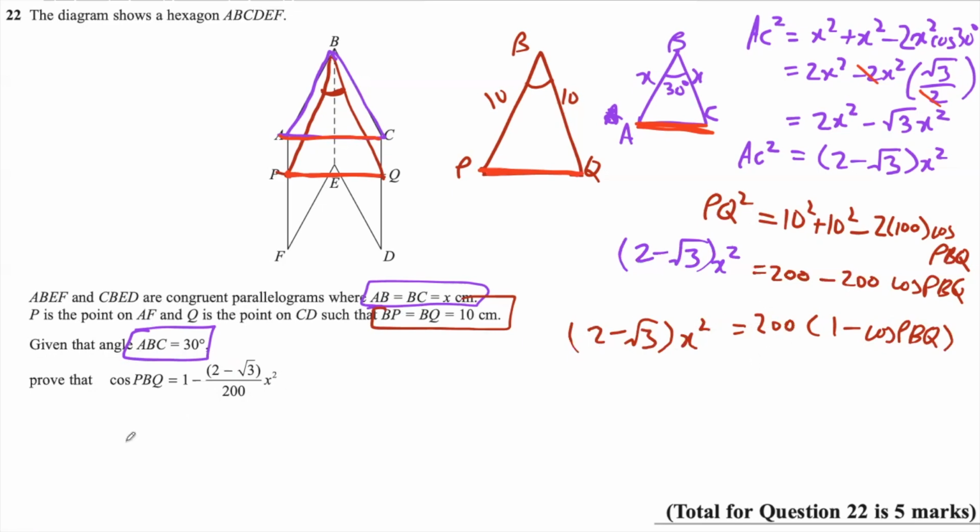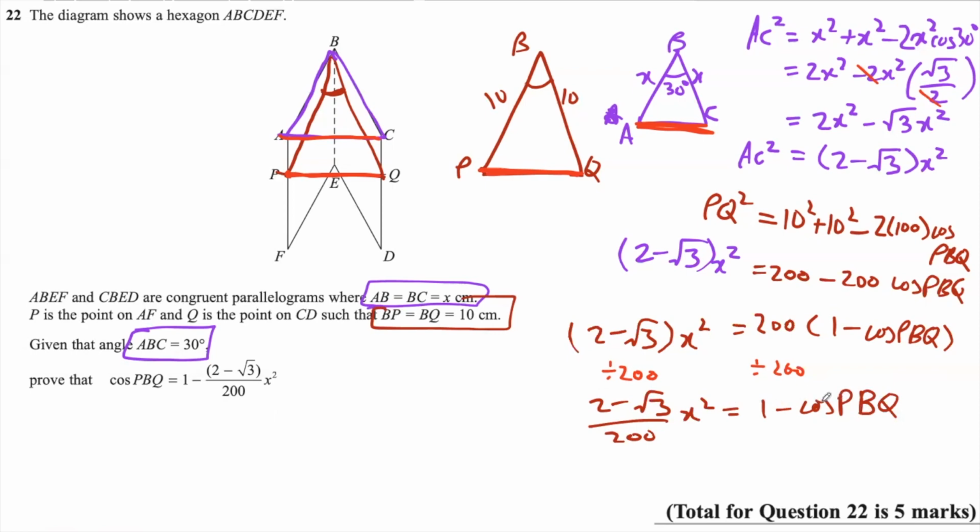Now the goal is to rearrange for cos PBQ. So we're dividing both sides by 200. So (2 minus root 3) over 200 x squared equals 1 minus cos of PBQ.